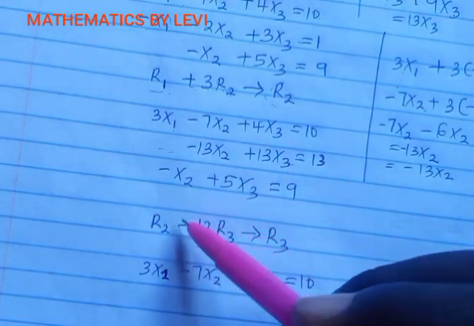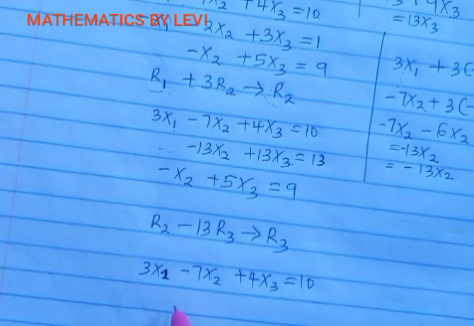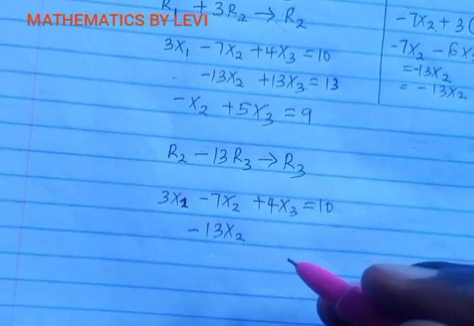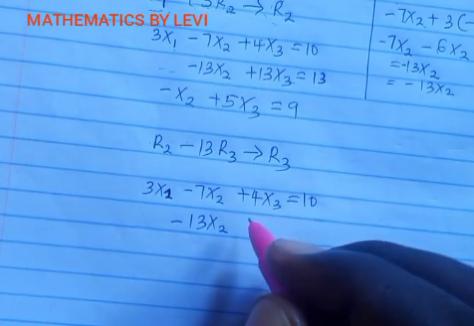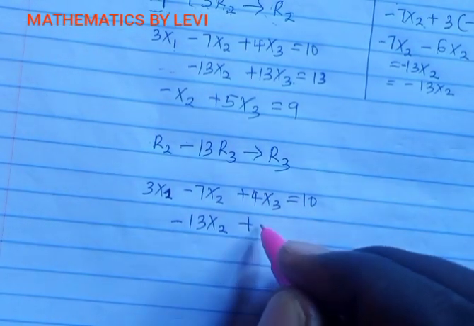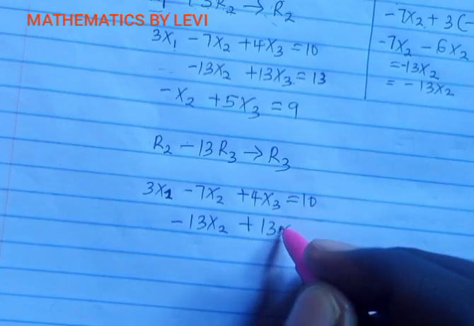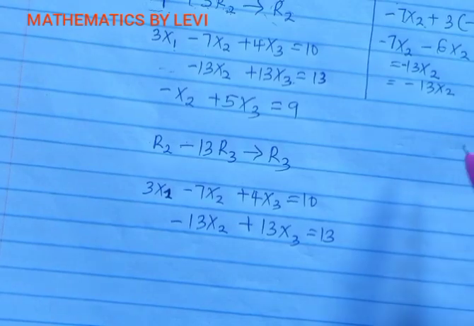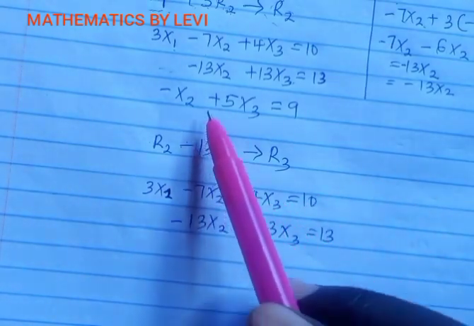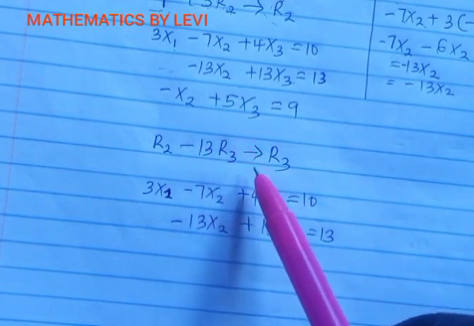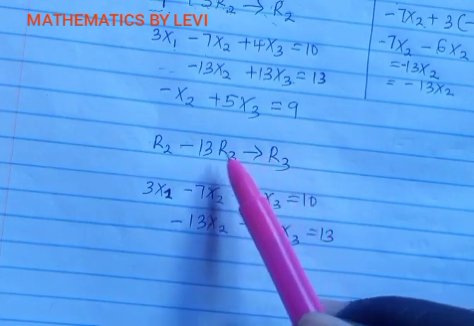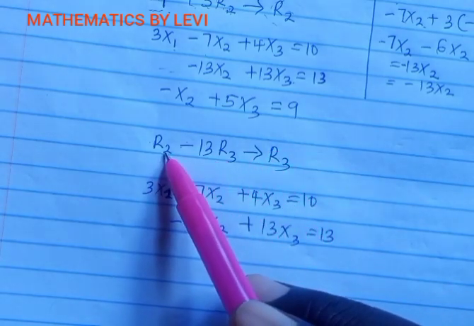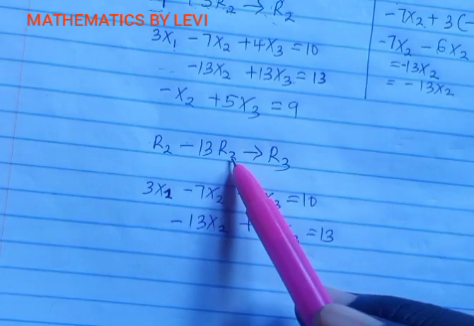We are not changing anything in our second row. It will remain the same way it is. That is negative 13x2 plus 13x3 equals to 13. Now what we shall do, we need to obtain our new row 3 by having R2 minus 13R3.